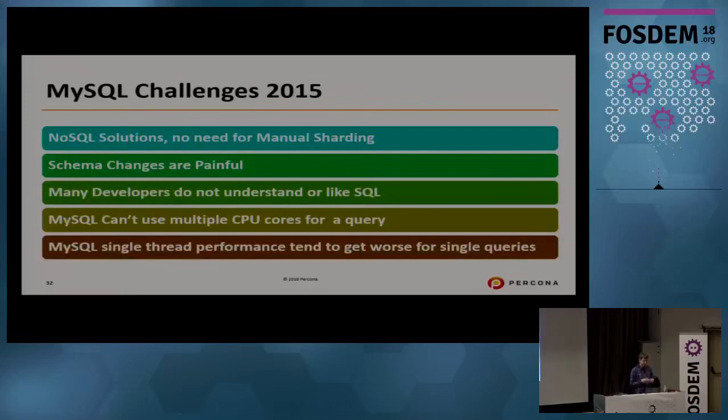What kind of challenges did we see with MySQL in 2015? Well, as I mentioned, that's where we get a lot of NoSQL solutions coming up. And the wonderful thing with those solutions is there was no need for manual sharding anymore, right? If you look at solutions like MongoDB, Cassandra, and so on and so forth, they have sharding which is pretty much done automatically for you.